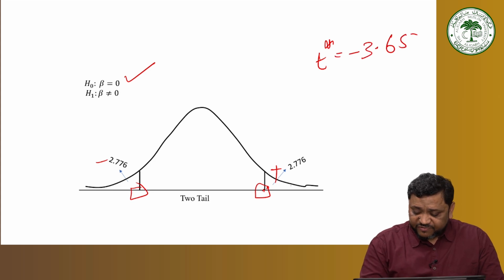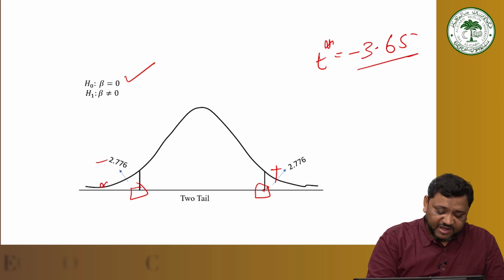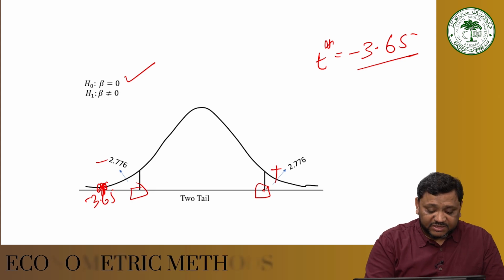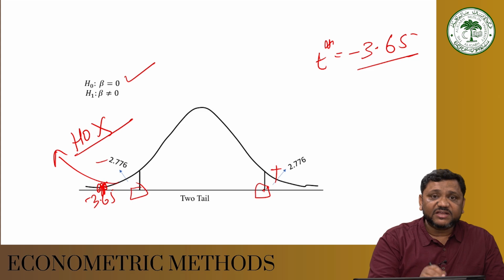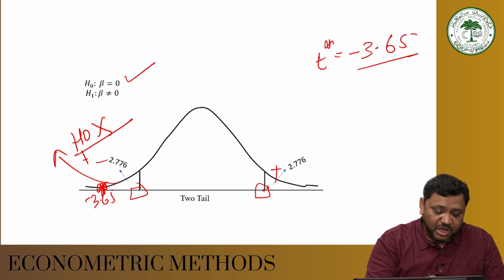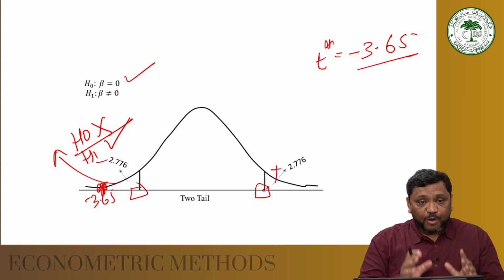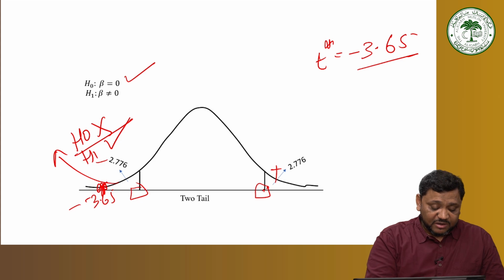Excuse me, there is a small correction. So minus 3.65 will fall over here. In this region, you reject the null hypothesis, that is, the population beta is equal to 0, and you accept the alternate hypothesis. That means that the population beta is not equal to 0, or we can say that the value of beta is significant.